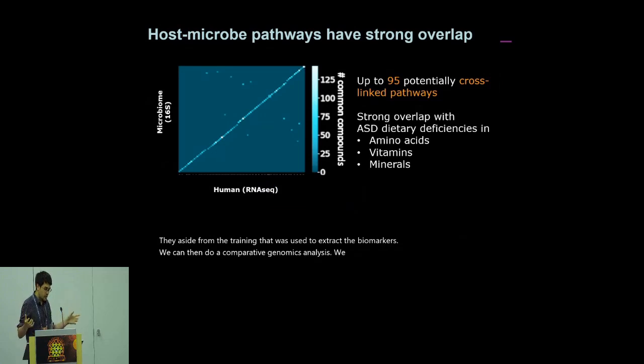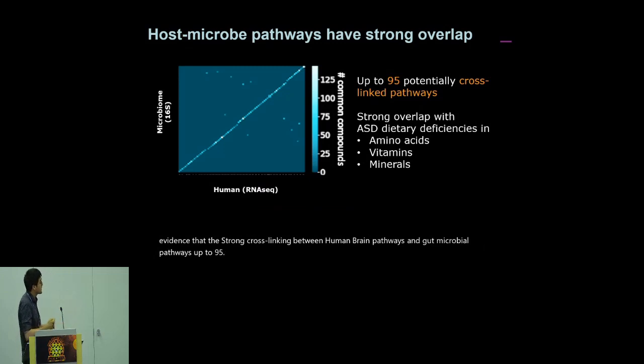We can then do a comparative genomics analysis. We can take these microbes and pull out the genes that differentiate the bugs strongly associated with ASD from those commonly found in the controls. And then we can even cross-reference them against pathways that are differentially expressed in post-mortem brain tissue. What we can see here is that there's evidence of strong cross-linking between human brain pathways and gut microbial pathways, up to 95 potentially cross-linked pathways.